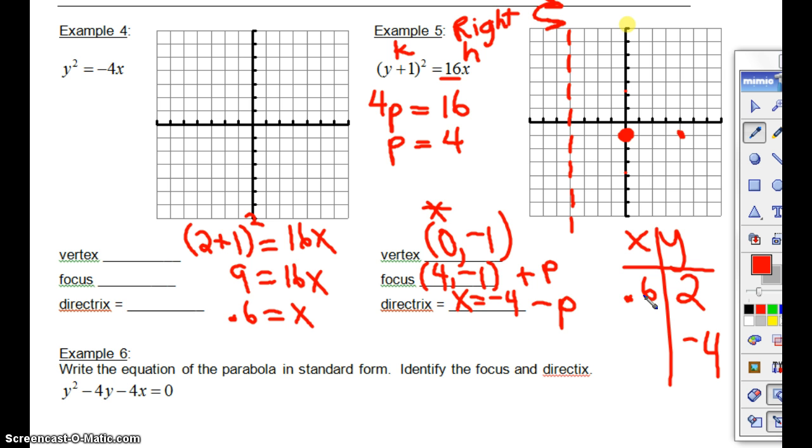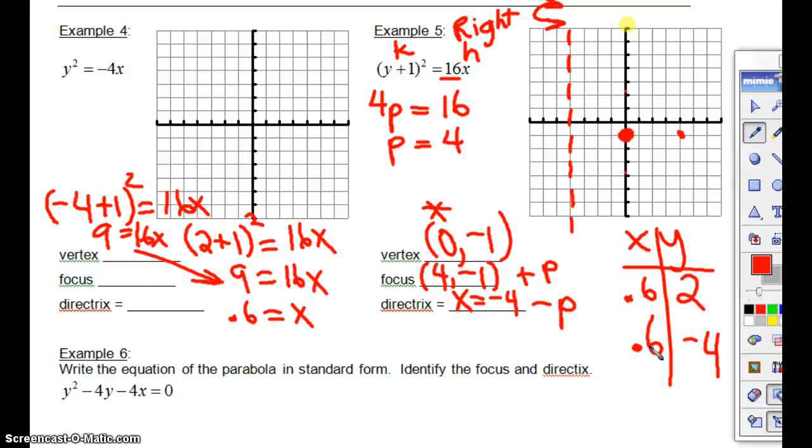If I were to do the same thing for negative 4, I would have (negative 4 plus 1) squared equals 16x. Notice how negative 4 plus 1 gives you negative 3, and then negative 3 squared is going to give you the same thing. So you'll still have 9 equals 16x, which is the same equation. So that's going to give me 0.6. That's why I choose the same values that are the same distance from my vertex, so I only really have to evaluate it once.